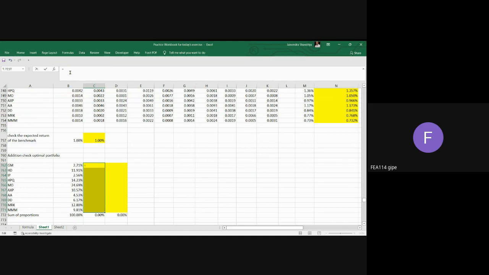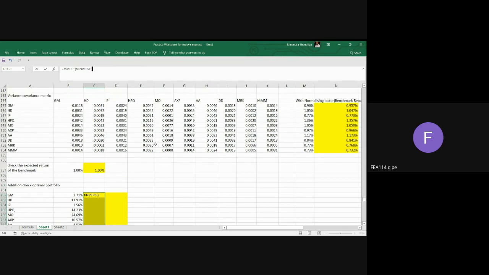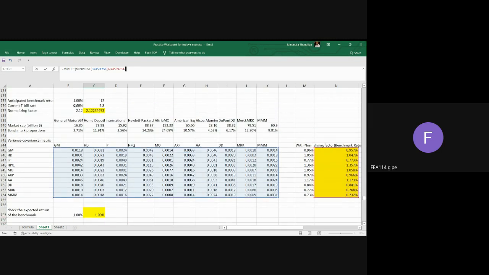We do matrix multiplication of the matrix inverse, and then we have this as the variance covariance, and then from here we take the portfolio return, which is ER, minus the constant, which is this 0.4%, and then we close this bracket.